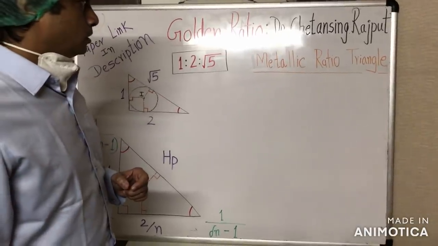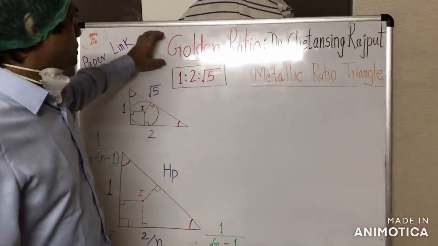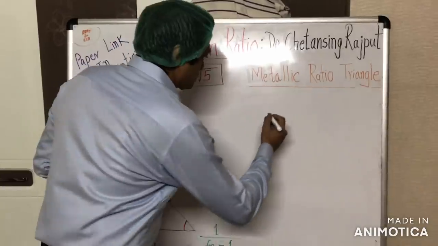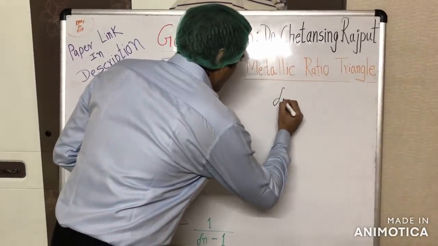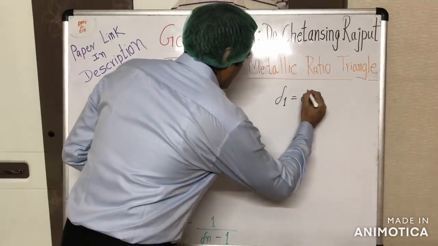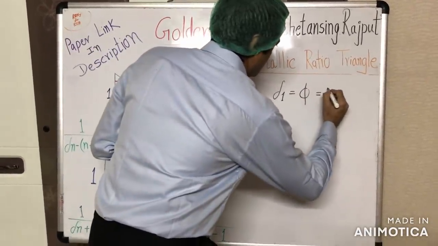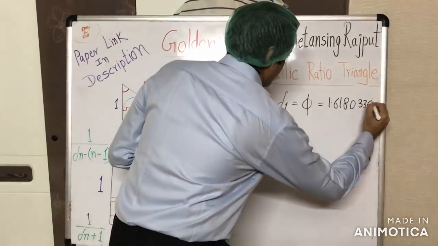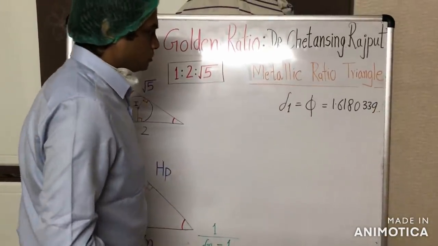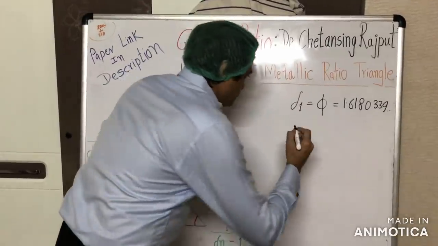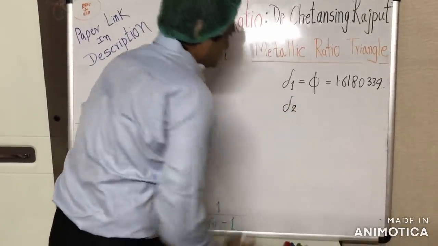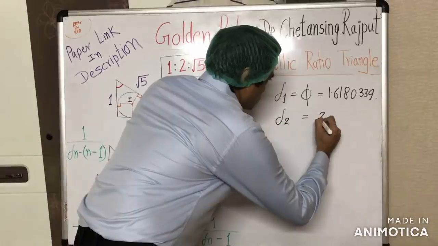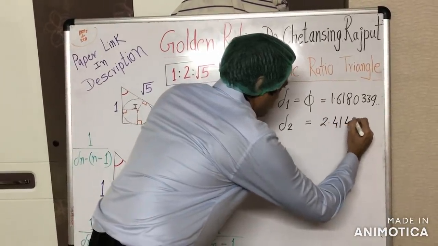Okay? As you may know, just like golden ratio, there are several other metallic ratios like this delta 1, which is equal to golden ratio, and its value is 1.618039 and so on. Just like golden ratio, there are successive metallic means like delta 2, the second metallic mean, which is also known as silver ratio, and its value is 2.4142 and so on.